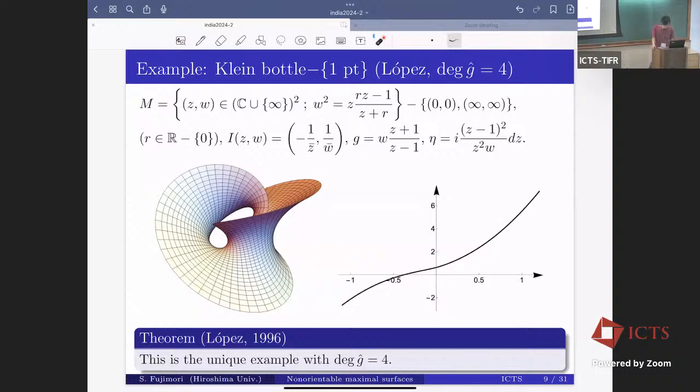The double cover is a torus, an algebraic curve, an elliptic curve, with 2 points removed. Then after the projection, we have the Klein bottle minus 1 point. Okay? And then he set the Weierstrass data this way.